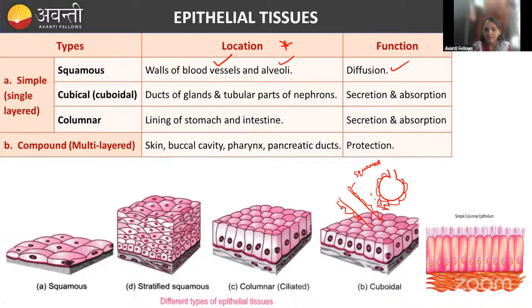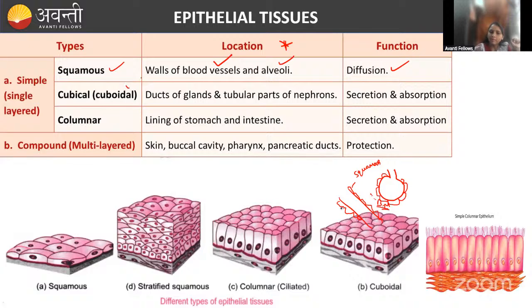So squamous epithelium is present in the endothelium of blood vessels and in the sacs of the alveoli, and that's why it mainly helps in the diffusion of gases, that is oxygen and carbon dioxide. I think you understood the squamous epithelium. Let us move to the cuboidal. And one thing to remember here is that in the squamous epithelium, the nucleus is located in the center only.